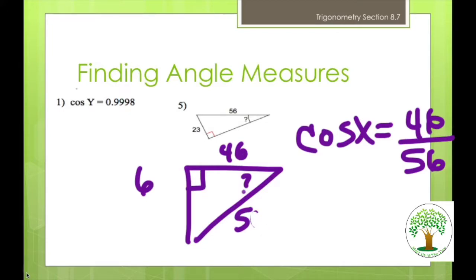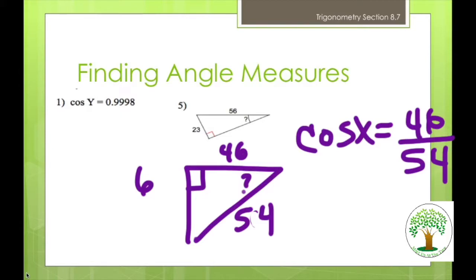Okay, I'm having troubles here. All right, 54. When you put that in your calculator, make sure you do your inverse cosine. Right here you have cosine x equals 46 over 54.